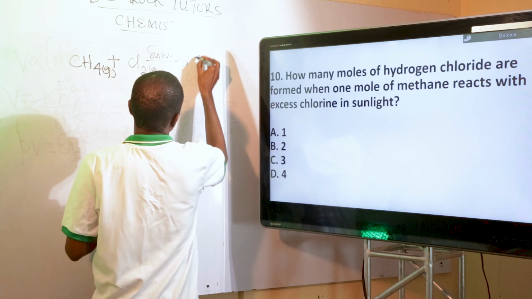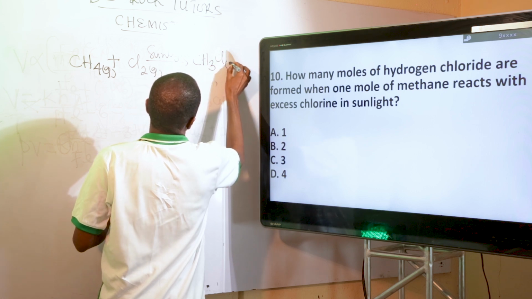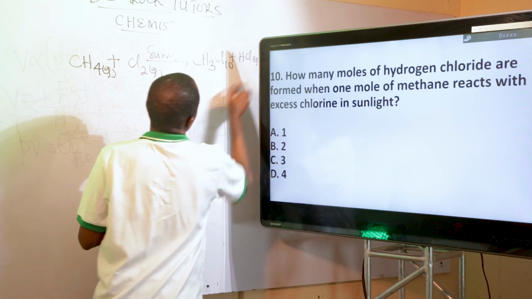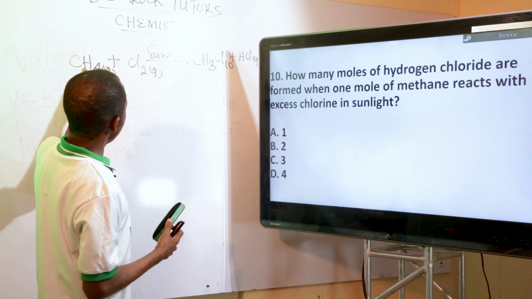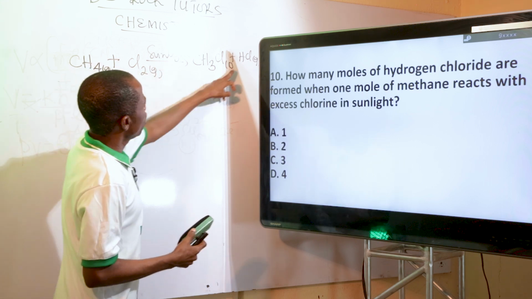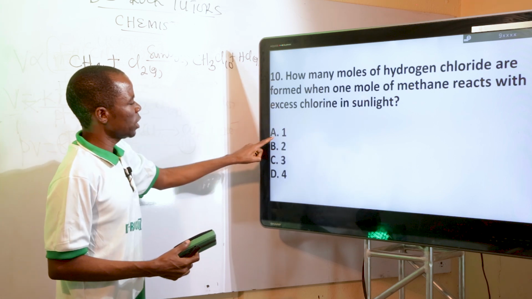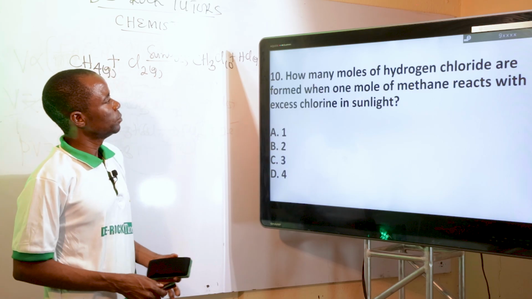And the product will be CH3Cl and then HCl. So if you look at this, we will see here that when 1 mole of methane reacts with chlorine in the presence of sunlight, 1 mole of hydrogen chloride is produced. So the correct answer from the balanced equation here is option A, 1. Let's move on to number 11.